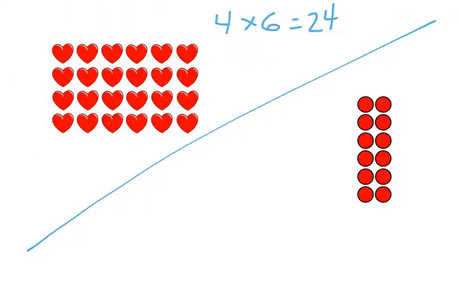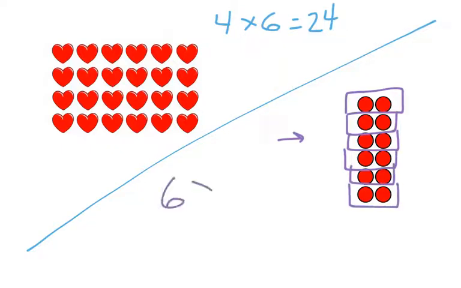So now let's look at these circles down here. And we're going to look at our rows first. We have 1, 2, 3, 4, 5, 6. 6 rows times, let's take a look at our columns. 1, 2 columns.